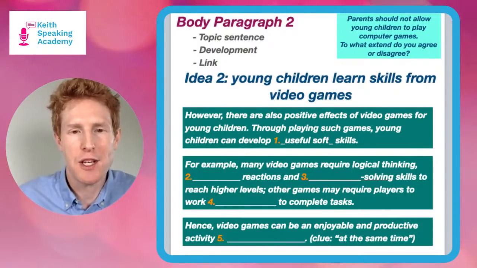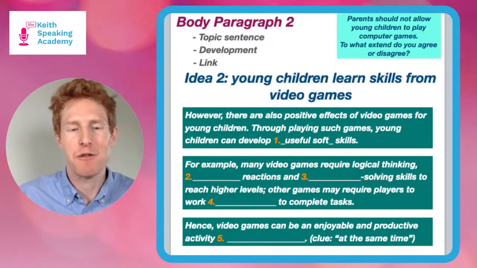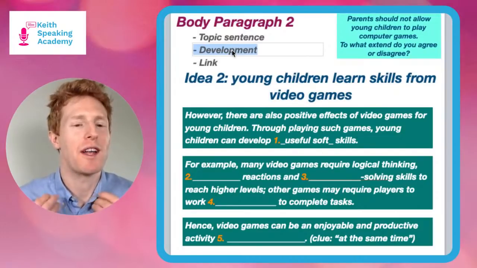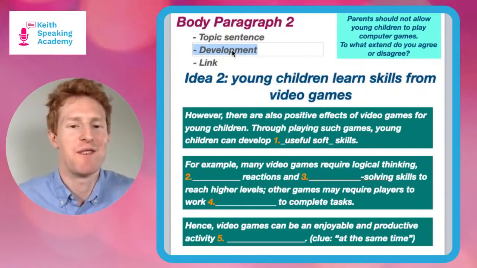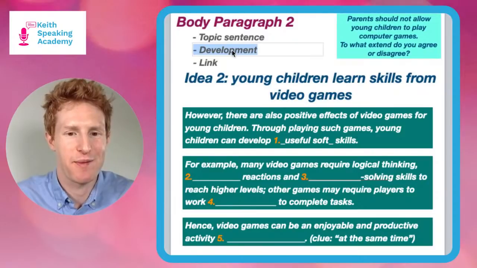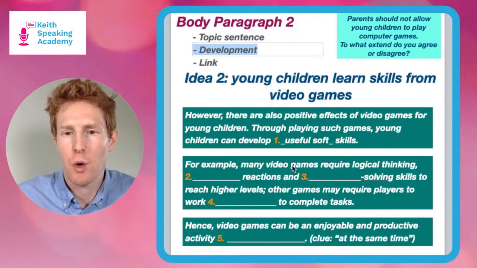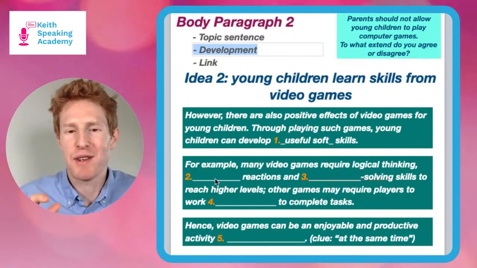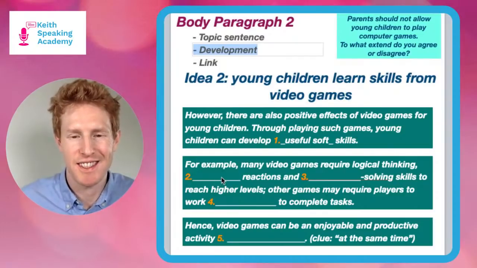And again, one of the best ways to develop our ideas is with an example. So if we finished by talking about useful soft skills, well, let's give some examples of the skills that are developed from playing video games. So we say, for example, many video games require logical thinking. And then we've got number 2, so something that collocates with reactions.